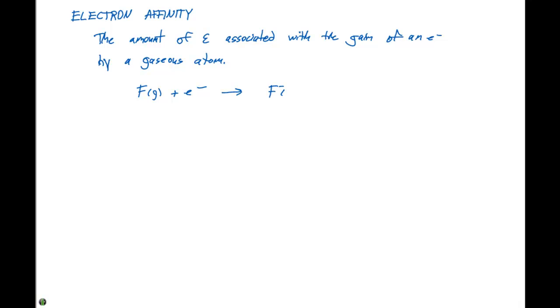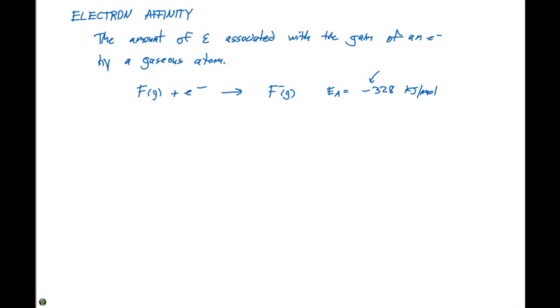In this case, fluorine has 7 valence electrons, so it would really, really like to have another electron. The electron affinity associated with this, or the energy associated with this, is negative 328 kilojoules per mole.